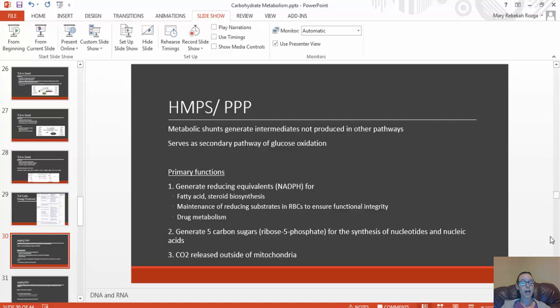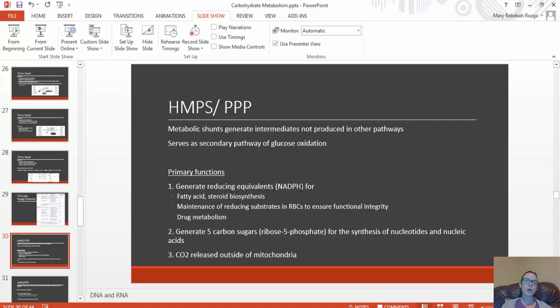So that's shunts in general, but the hexose monophosphate shunt and pentose phosphate pathway have a few very specific functions. The first function is to generate reducing equivalents, NADPH, for fatty acid and steroid biosynthesis. This molecule also contributes to the maintenance of reducing substrates in red blood cells to ensure functional integrity, and NADPH is also utilized for drug metabolism.